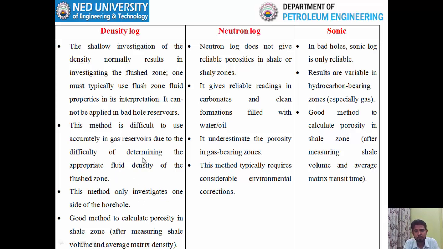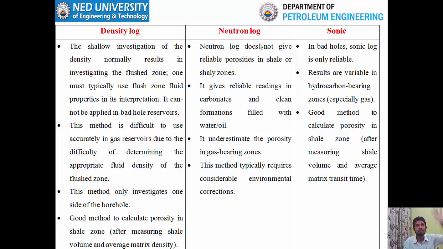Again, we have discussed each method, and seen that some methods are good on some occasions, some methods are good on other occasions. The summary is that at a particular zone you will calculate porosity using all these three methods. Again, we will calculate porosity in permeable zones only, in pay zones only.